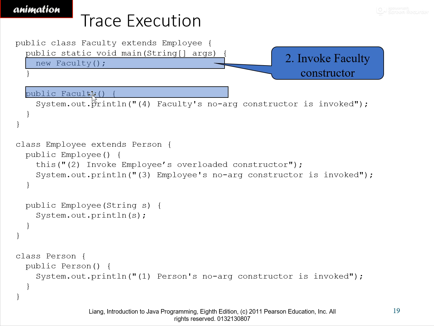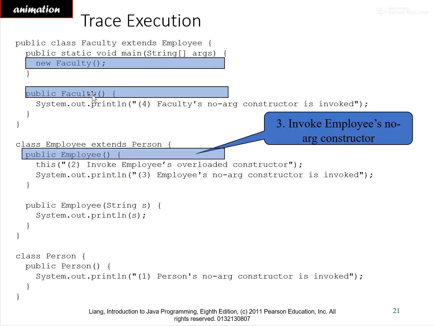But faculty, remember, is a subclass of employee. So before any line of code inside faculty's constructor executes, we jump to employee's no arg constructor. Why the no arg constructor?